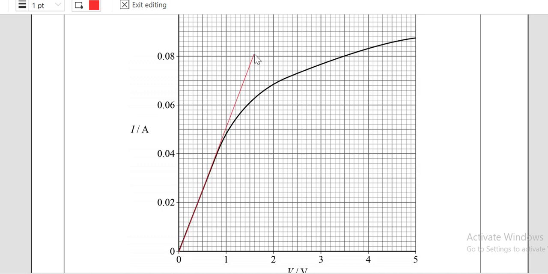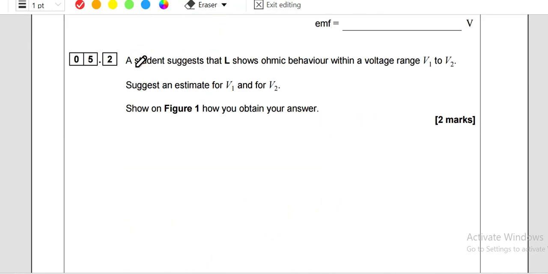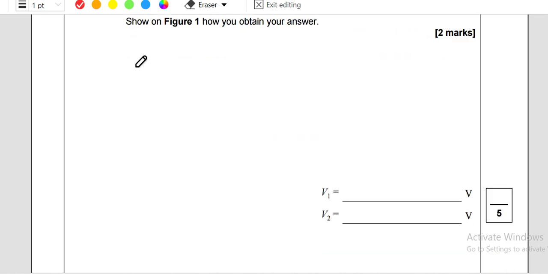Okay, if we draw a line here, we can find that it goes away from this linear behavior at the point here, which is almost 0.9, okay, so we can say that the answer is 0 and 0.9.